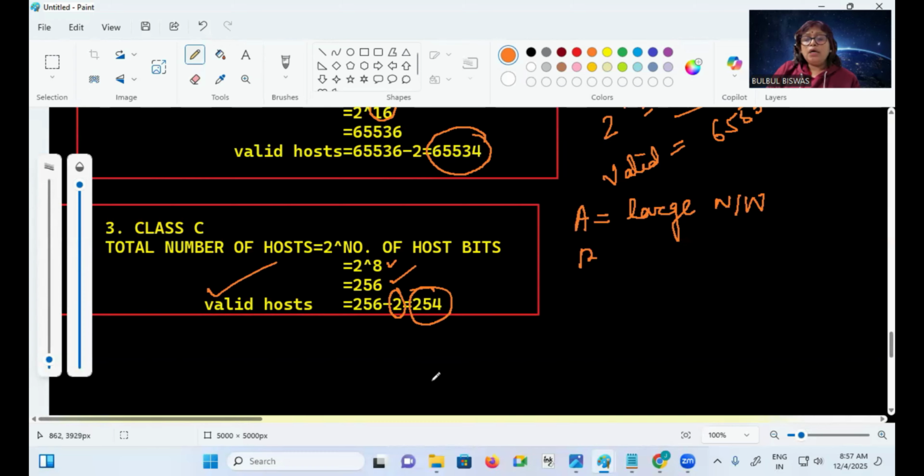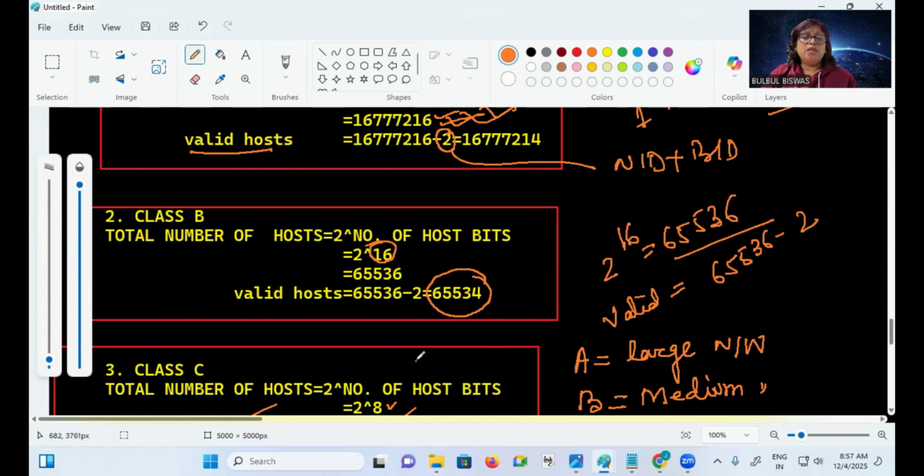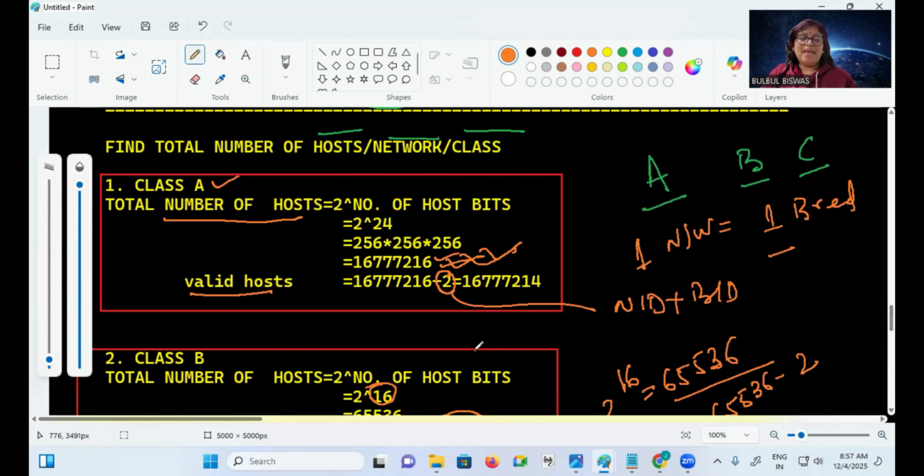If we want to configure a medium-range network, then we will go for class B. And if we want to configure a small-size network, then we will use class C. Because in class C, in every network we get 254 valid hosts. In class B, in every network we can get 65,534 valid hosts. And in class A, you see how many valid hosts are possible per network.